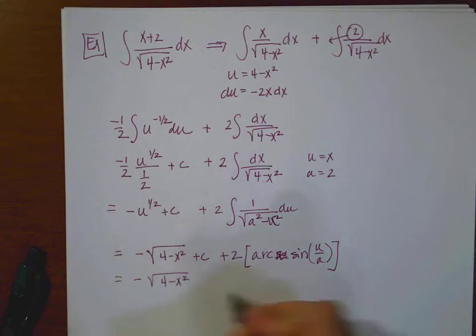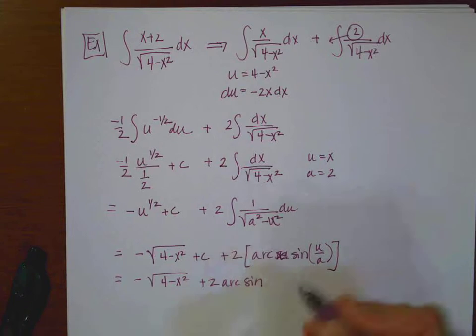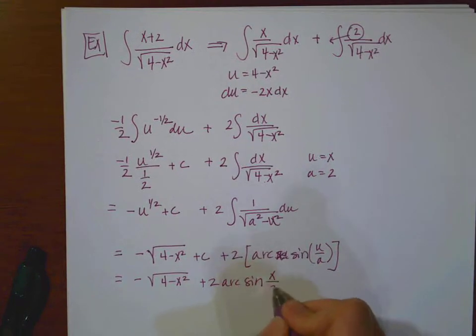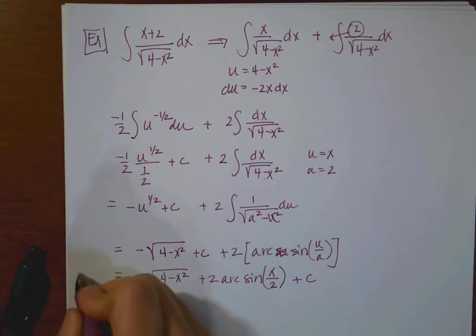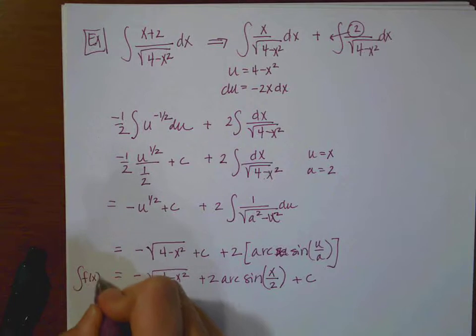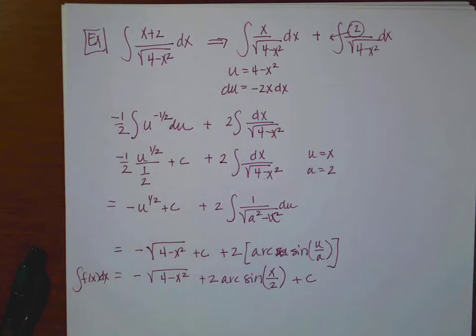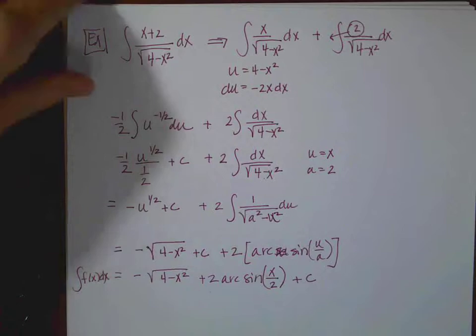Okay, so this is going to be a negative square root of 4 minus x squared plus 2 times the arc sine. My u was x, my a was 2, and then I'm going to write plus c at the end. Woohoo! And I'm going to stick in my f of x dx, and that one's done.